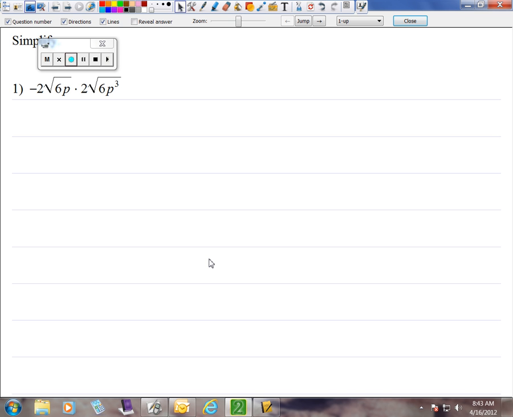Now please don't forget to write your roots correctly so you won't lose points. Now the only thing you got to remember on this is two words. Let's see if you know what I mean when I write this. What do you think that means in relationship to multiplying the radicals?